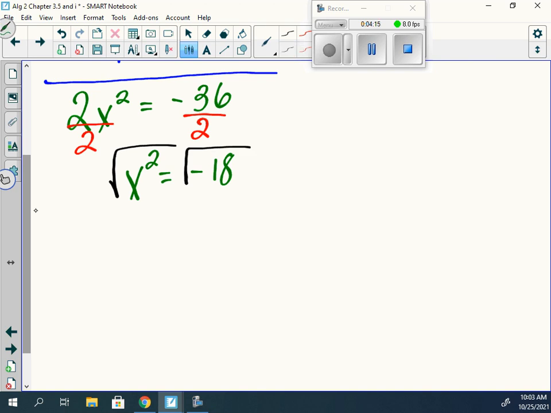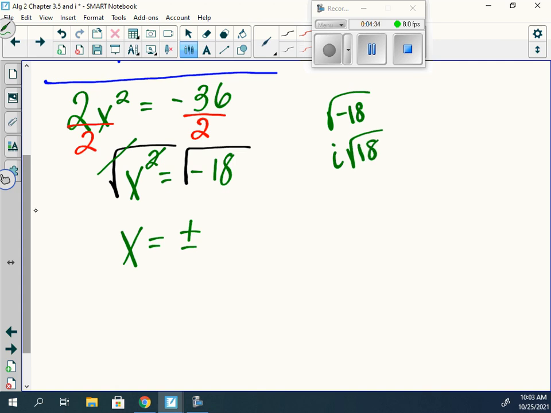Because the square root of x squared, well, the square root and the square would cancel and give us x is equal to plus or minus. Because square root of negative 18, we would pull out the i, leaving us the square root of 18.